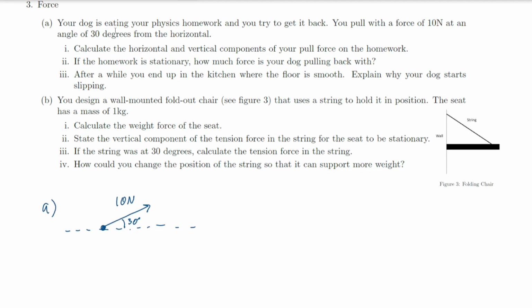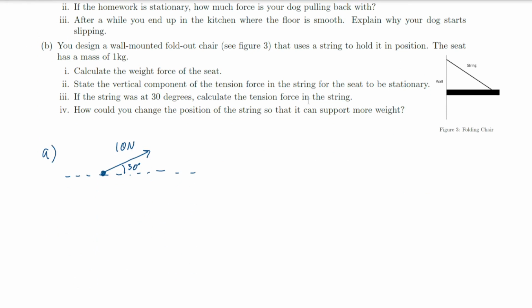So let's calculate the components in the vertical and horizontal direction. Whenever you have a two-dimensional problem, you should start by specifying the positive directions. So for us, I'm going to define to the right and up as positive.